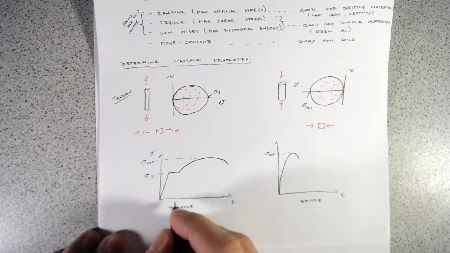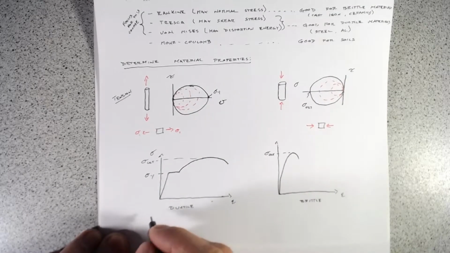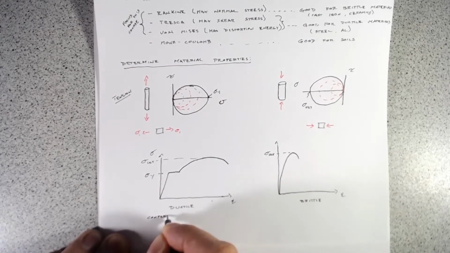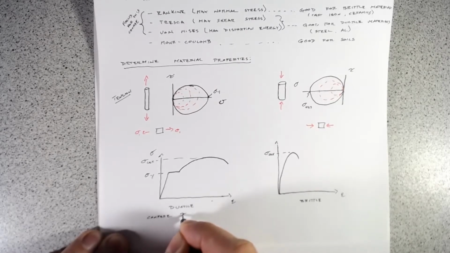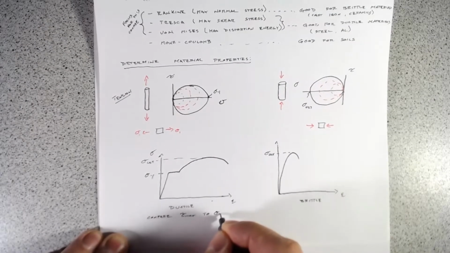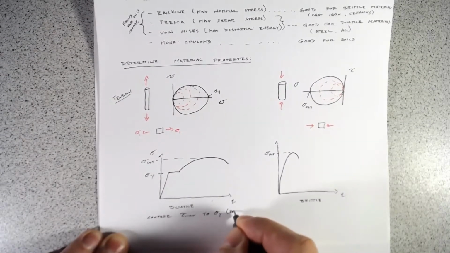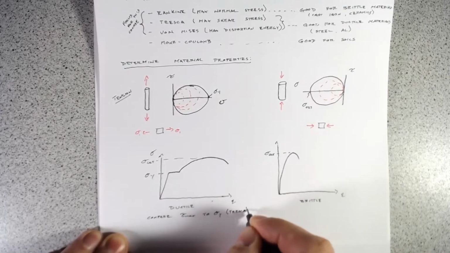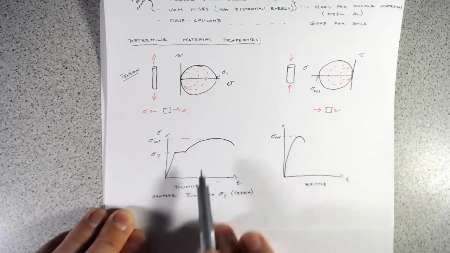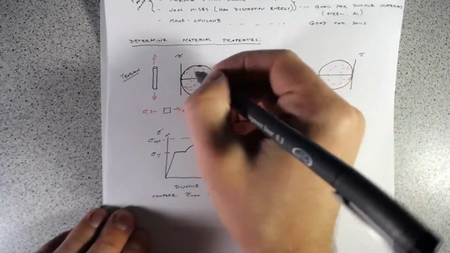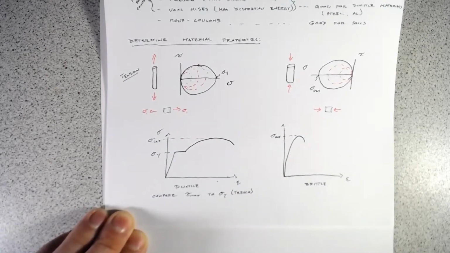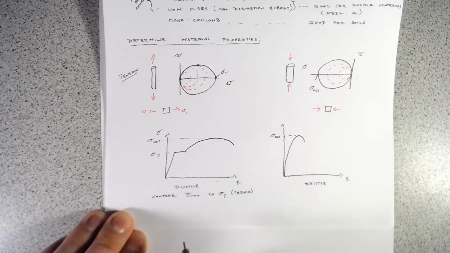So one way we could do is we could compare tau max to sigma y, which is what we do for the Tresca. And keep in mind, because we've got Mohr circle, we have a way to compare our tau max to sigma y, and that's useful for us.